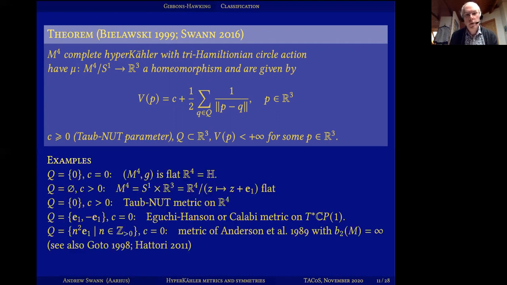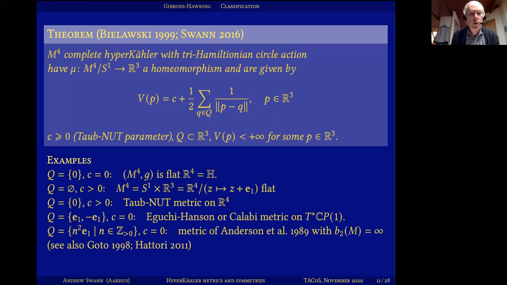So let me point out some well-known metrics that crop up from this construction in disguise. I said the first simple example of a hyperkähler metric was just H, which is R4. That comes from taking Q to be a single point.